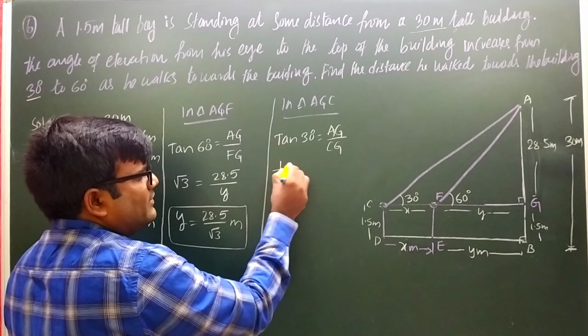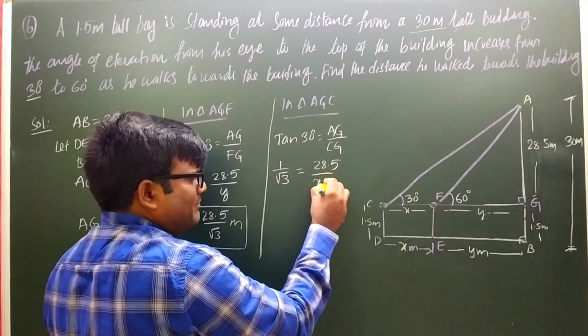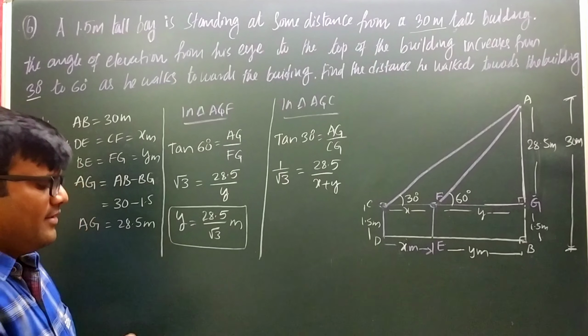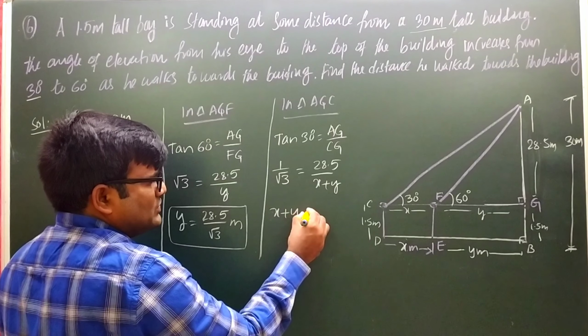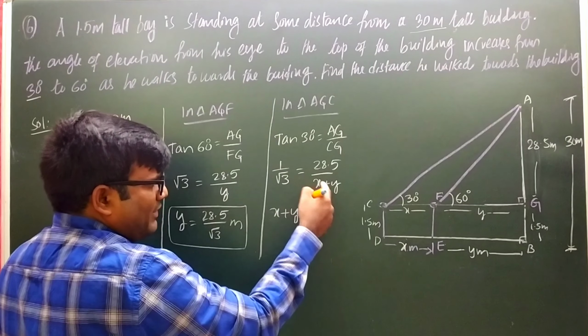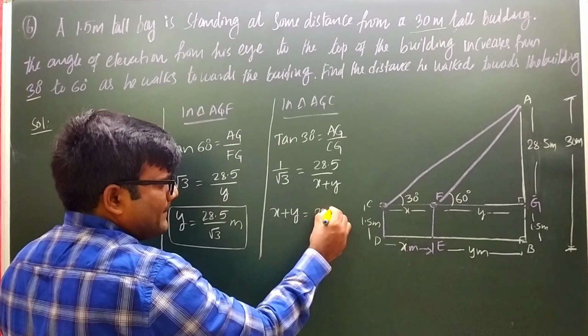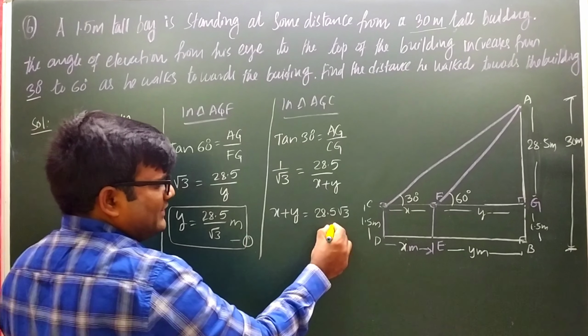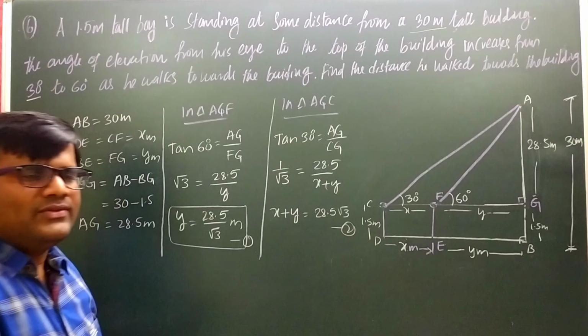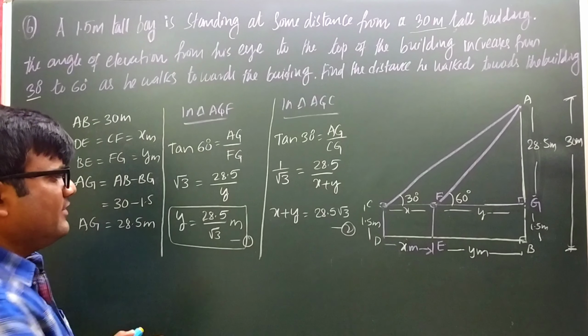Tan 30 value is 1 by √3, equal to the length of AG, 28.5, by the length of CG, which is x plus y. Transposing, you will get x plus y is equal to 28.5 into √3. So this is the first equation, this is the second equation. So always you will get two equations.